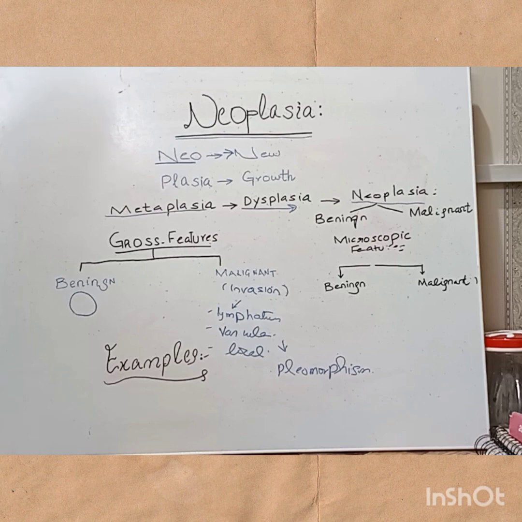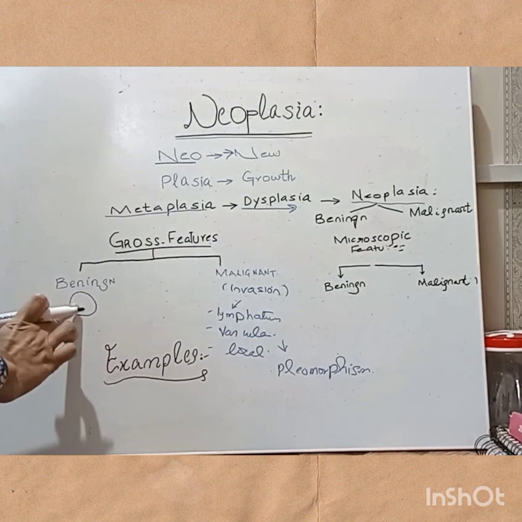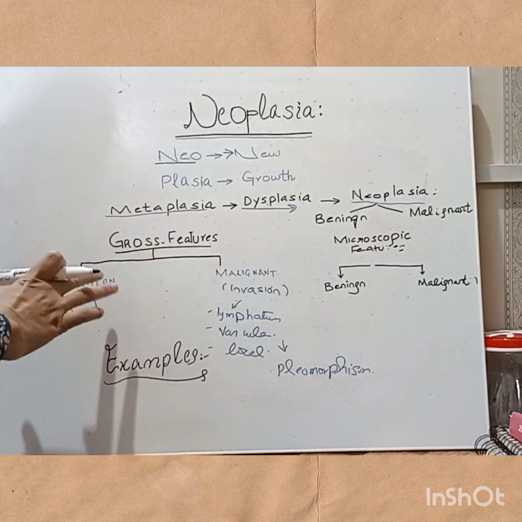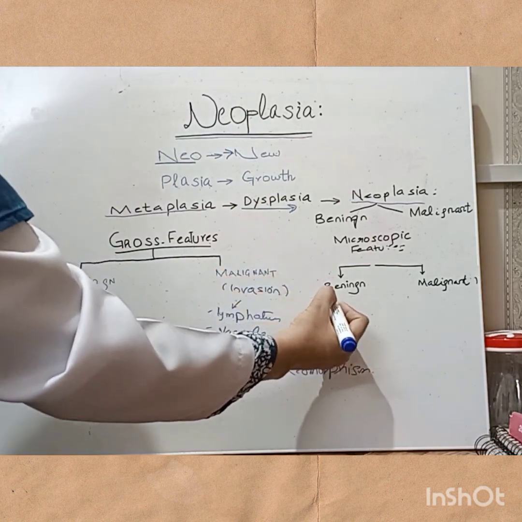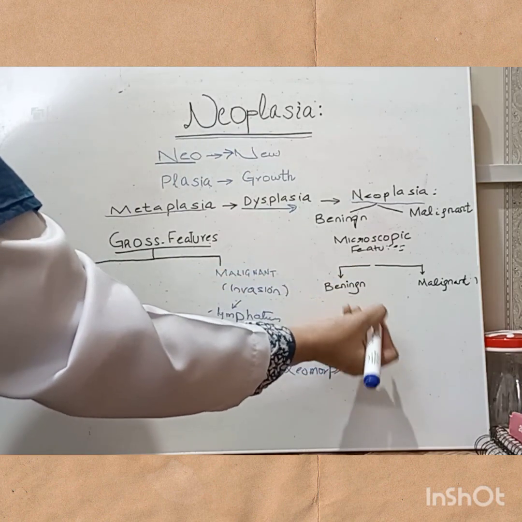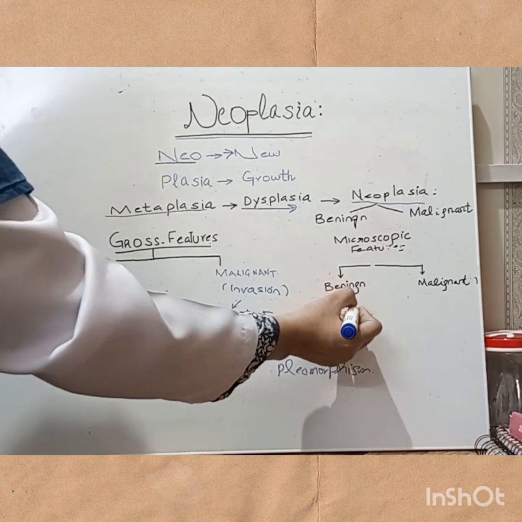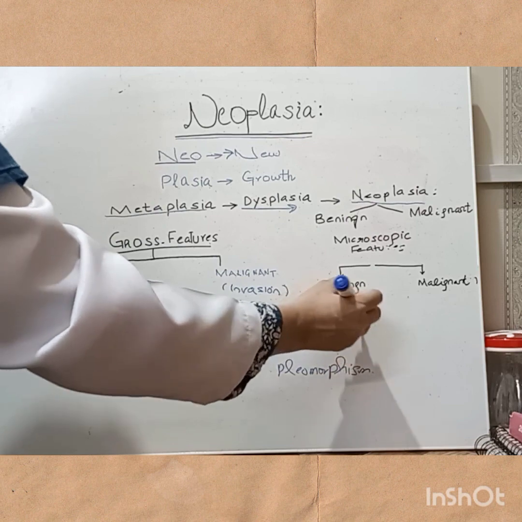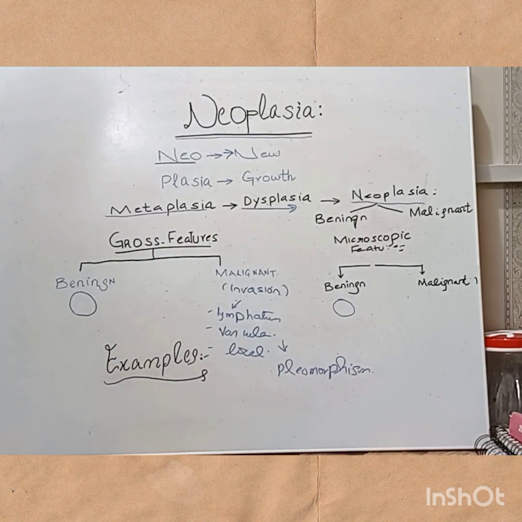And coming towards the microscopic features, in case of the benign lesion, the structure will be the same as that of the normal structure, and there will be no increased mitotic figures, there will be no nuclear cytoplasmic atypia, there will be no breach in the membrane, and there will be no increased vascularity in case of a benign lesion.